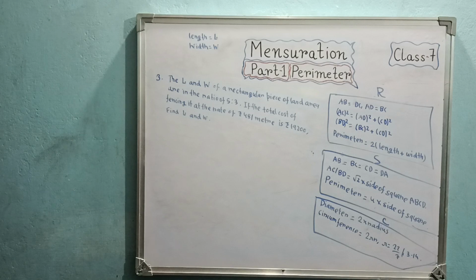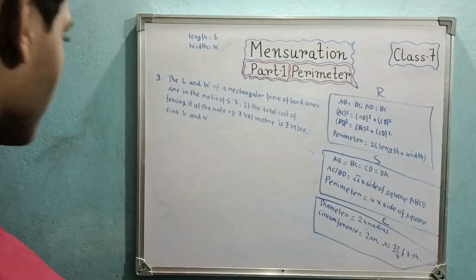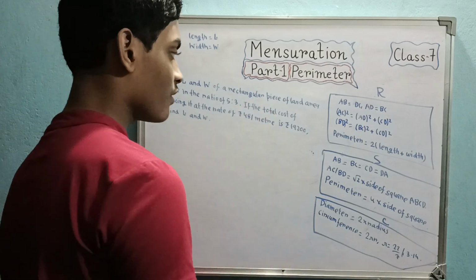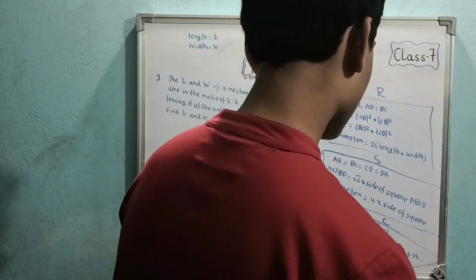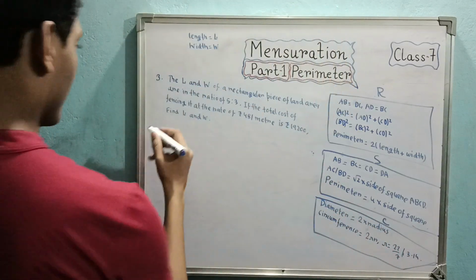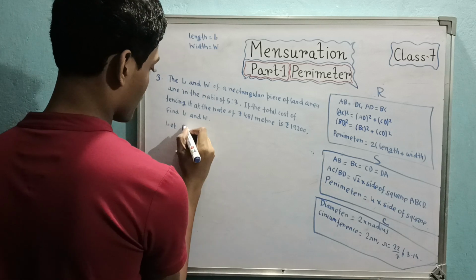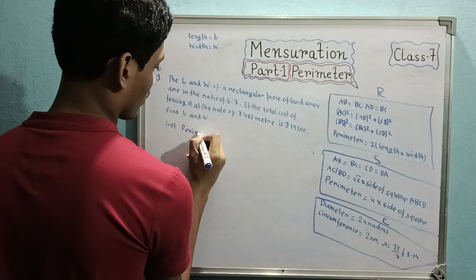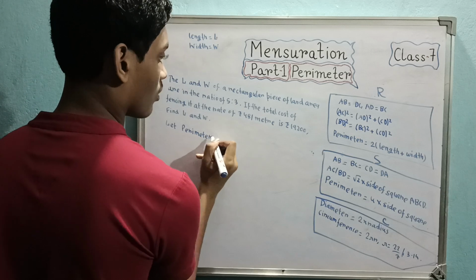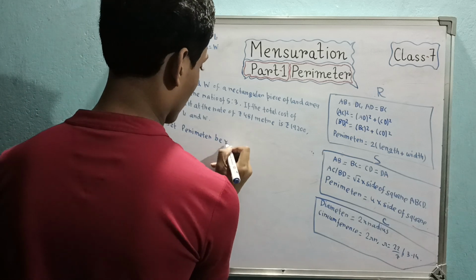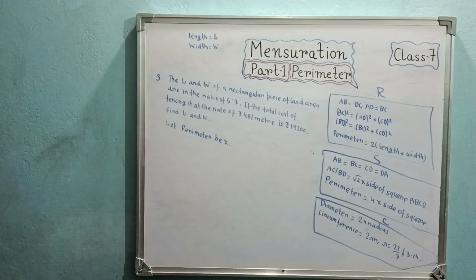Now, what do you know? Cost of fencing equal to perimeter into rate given. So what should I write as perimeter? Let perimeter be x. Okay. Now what is the cost of fencing? Now we know the formula.